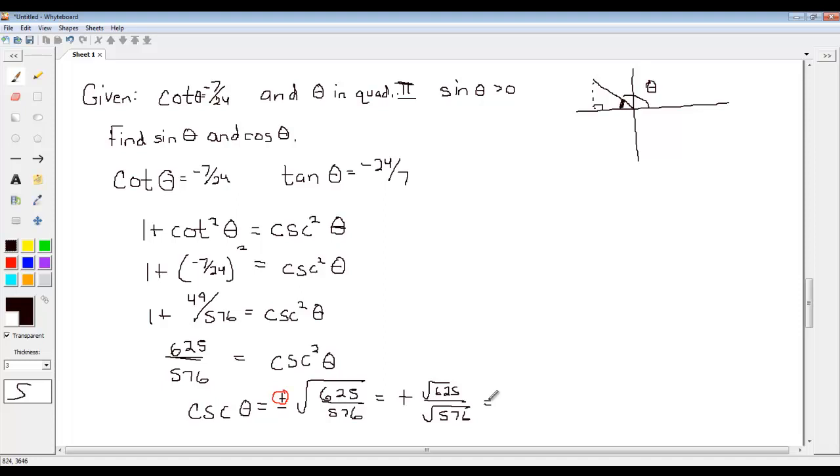The square root of 625 is 25, and the square root of 576 is 24. So if cosecant is 25 over 24, necessarily sine must be 24 over 25. Good to know.